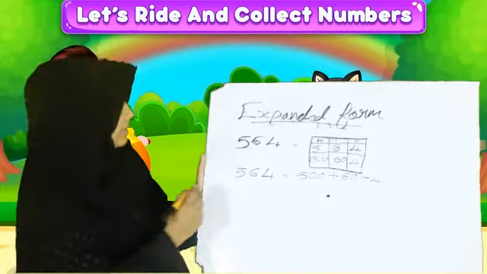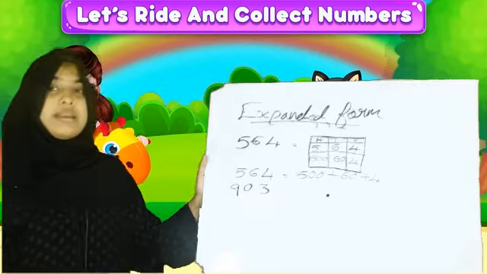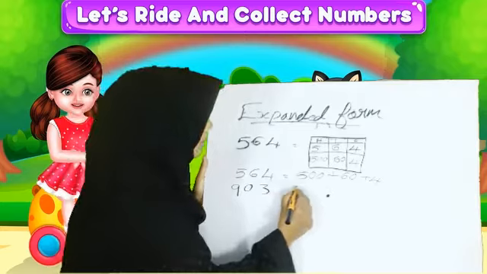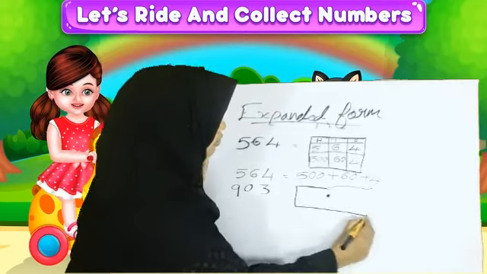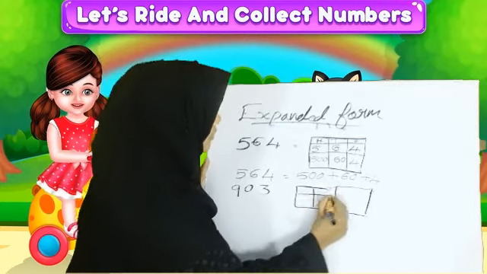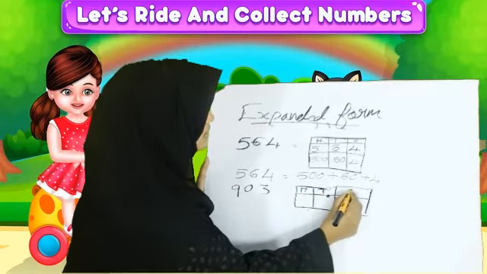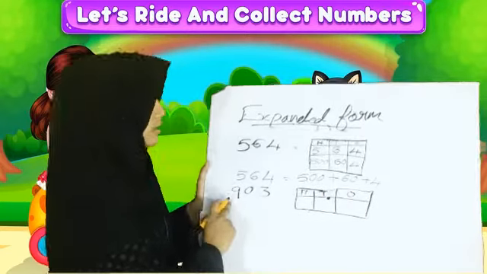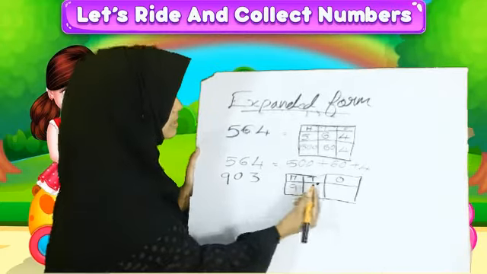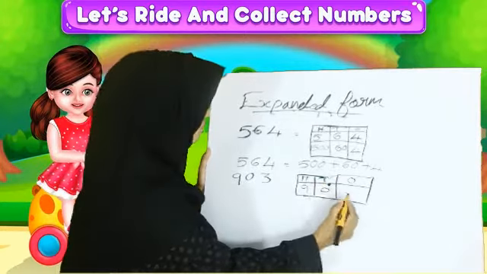I give another example. 903. How can we write this? Again we draw one box column: hundreds, tens, ones. How many hundreds here? 900. How many tens? 0 tens. We don't need to write anything here, we can just write 0.